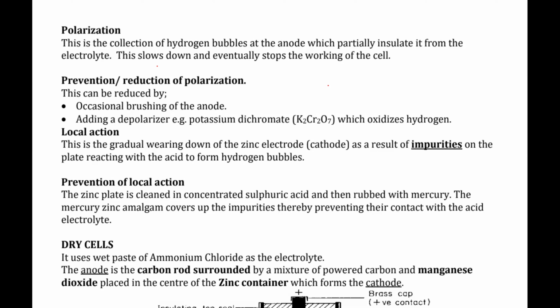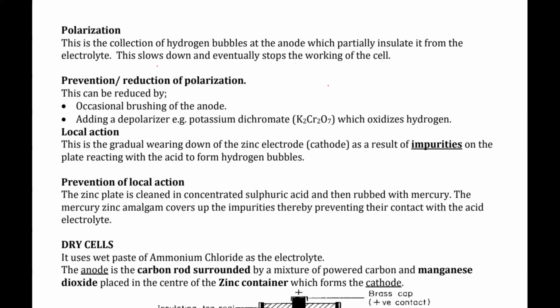And once the hydrogen bubbles accumulate, we can no longer get the electricity as we have been getting it. So the gradual wearing down of the zinc electrode as a result of impurities is what we call local action.